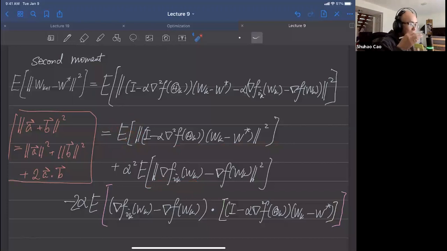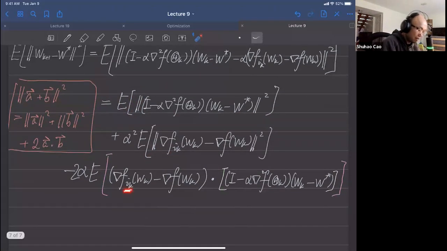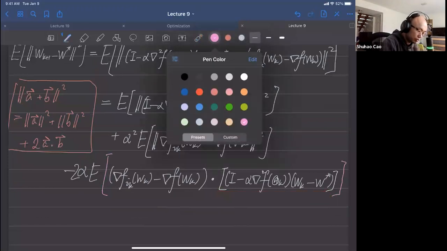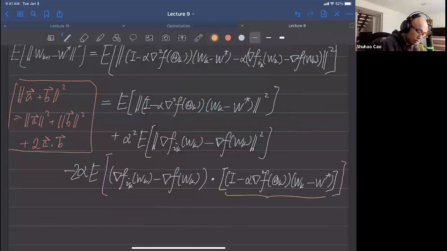When we take the expectation, the integration is directly taken on the random variable, which is Ik. So the Ik is the only randomness in this equation so far. And now we have Ik, right? This is not random.